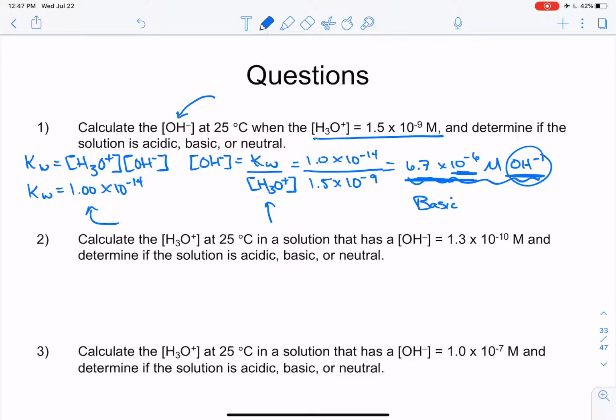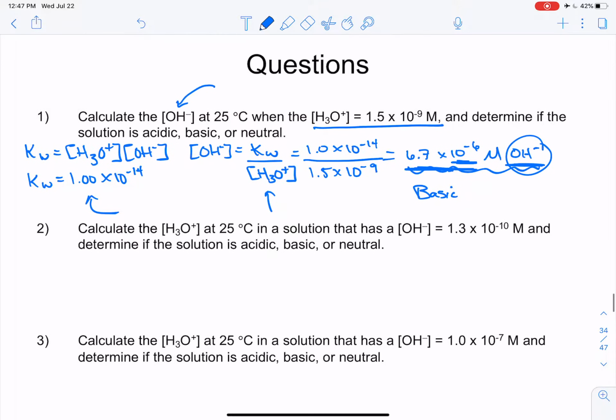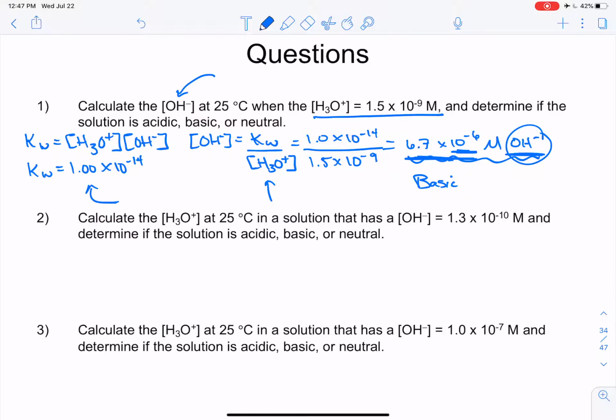Okay? All right, number 2 says calculate the concentration of hydronium at 25 degrees Celsius in a solution that has a concentration of hydroxide of 1.3 times 10 to the negative 10 molar, and determine if the solution is acidic, basic, or neutral. So again, we've got Kw is equal to the concentration of hydronium times the concentration of hydroxide, and we know that Kw is 1.0 times 10 to the negative 14.